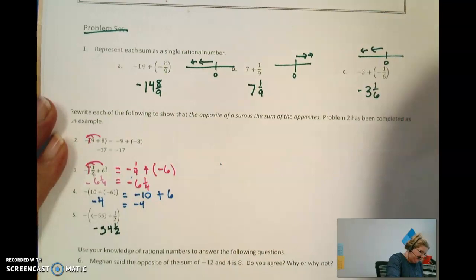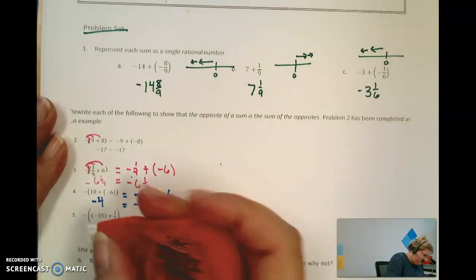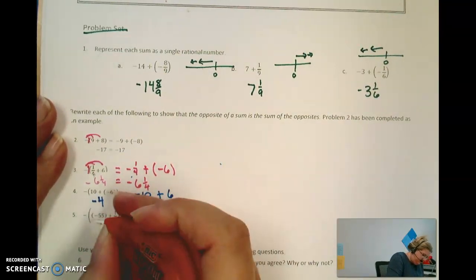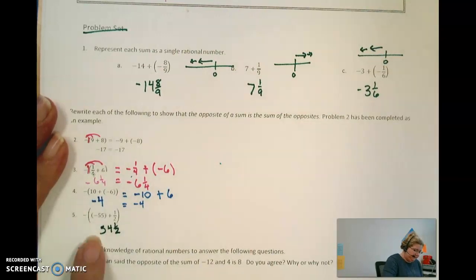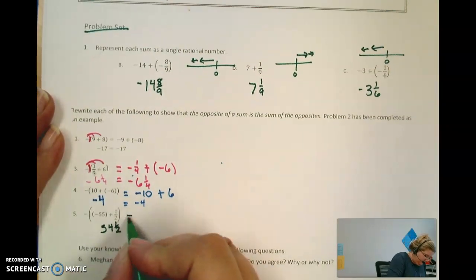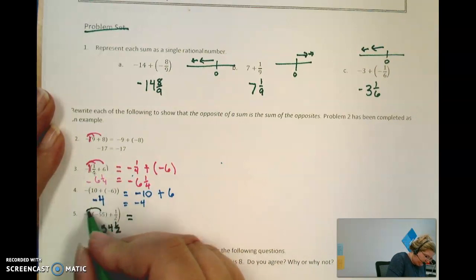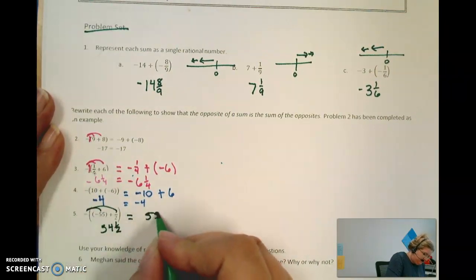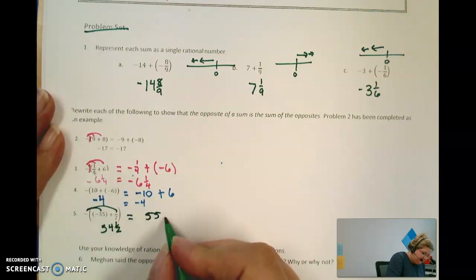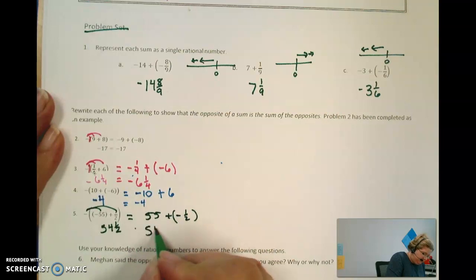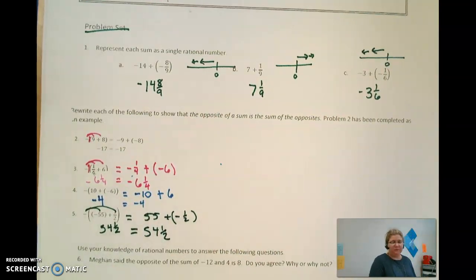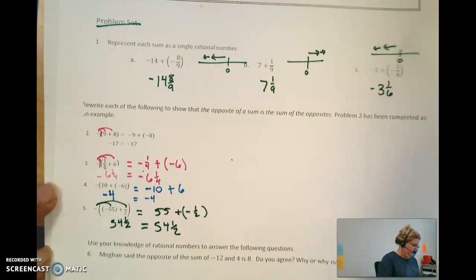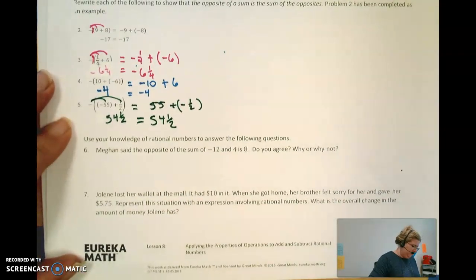And the opposite of that is positive 54 and a half. Okay, I'm distributing the negative 1. The opposite of negative 55 is 55. The opposite of 1/2 is negative 1/2, giving me 54 and a half.